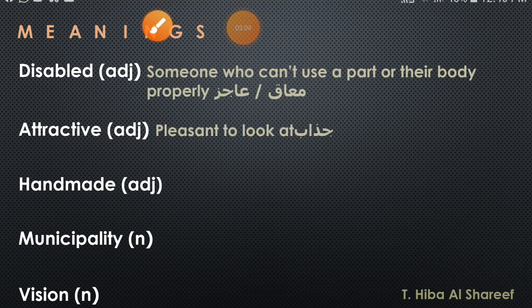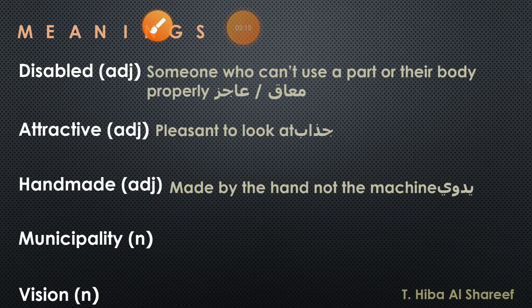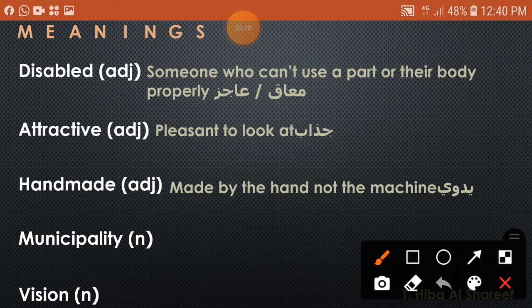Then we have this word, handmade. What's the meaning of handmade? It means made by the hand, not the machine. Then we have this word, municipality. What's the meaning of a municipality?